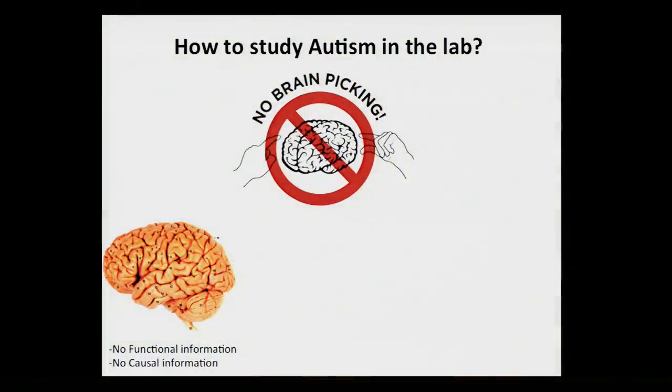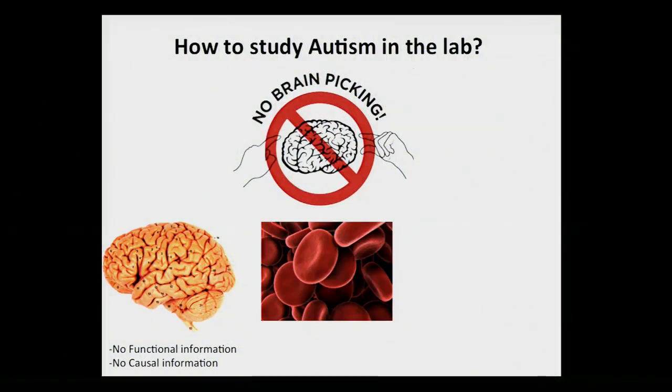The second major limitation is that you're looking at the endpoint of the disease. You don't know really what causes the disease from the beginning. And remember, autism is a neurodevelopmental disease, so it happens during development, most likely in the uterus.